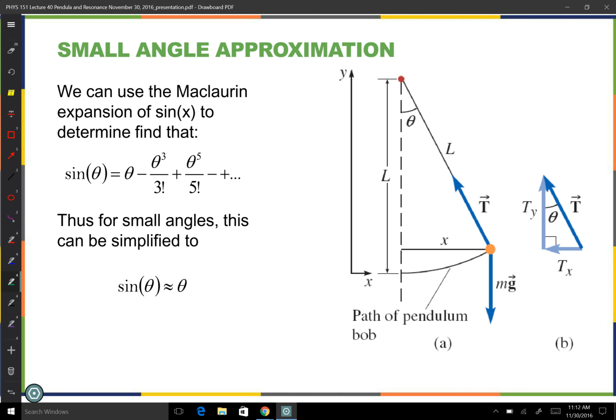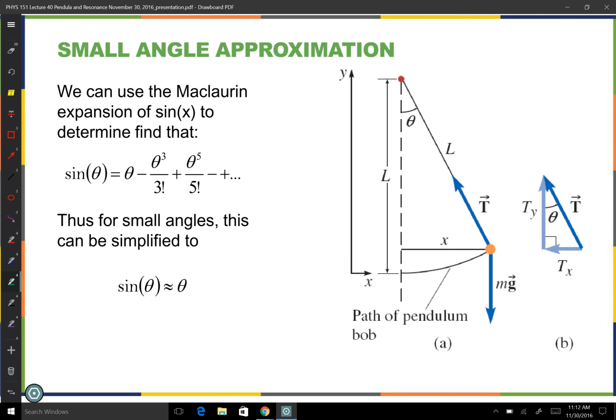And probably most people at this point are saying, okay, you can write this series, why would I care? Well, the reason to care is, if theta is small, then how would theta cubed over 6 compare to theta? Just to put this in practical sense, let's say theta is 0.01. What's theta cubed going to be?